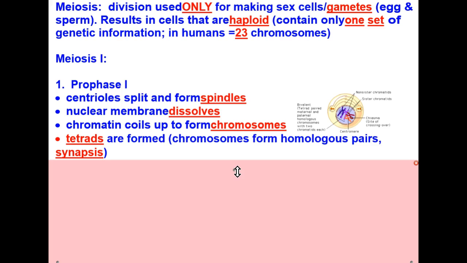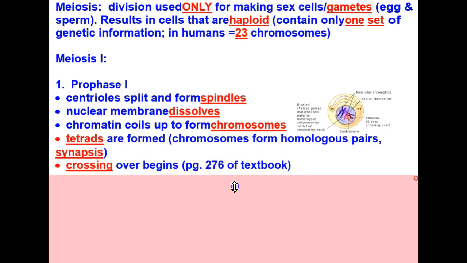And here's the other really important thing that happens during prophase 1. It's called crossing over. Crossing over begins in prophase 1. In crossing over, the chromatids from the homologous chromosomes cross over one another. Then alleles from the cross sections are exchanged. Crossing over produces new combinations of alleles on each chromatid.